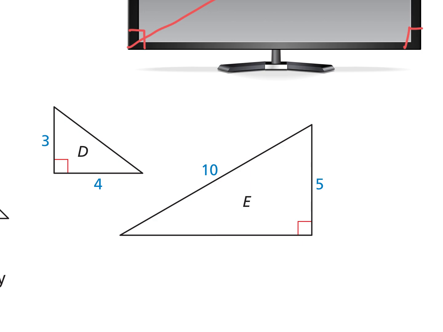It's not a 45, 45, 90 because if this was A, this would be A radical 2, and that wouldn't give me 10. So let's go ahead and try 30, 60, 90. So this would be 30. Let's see if it's 60. This would be A. This would be A radical 3. And this one would be 2a, which works.